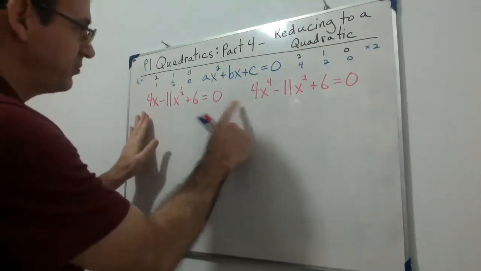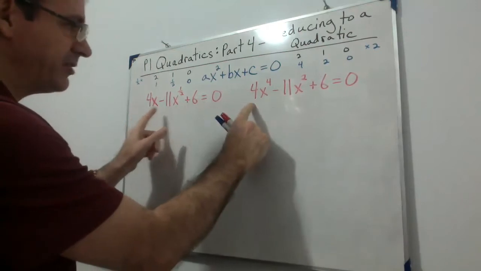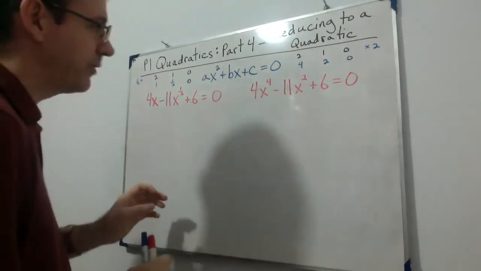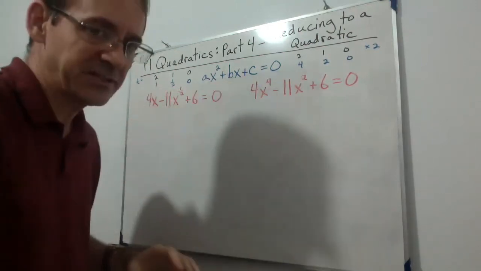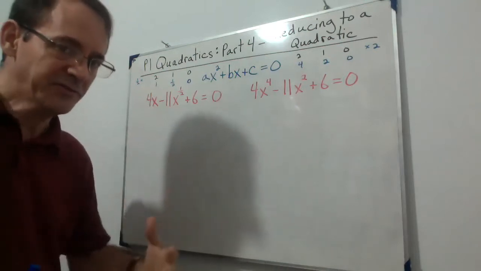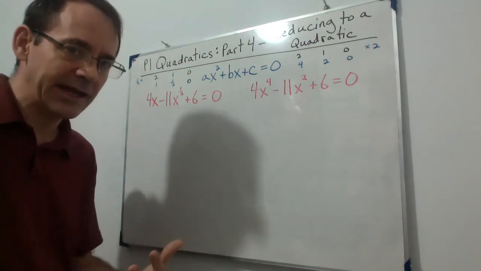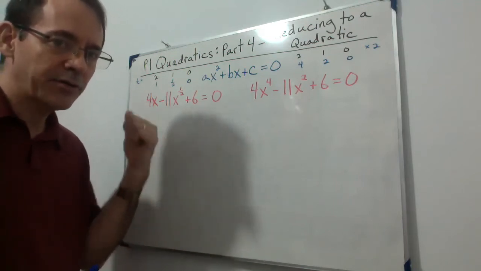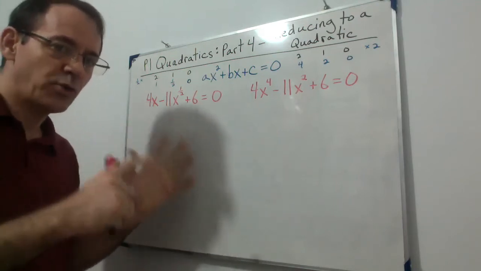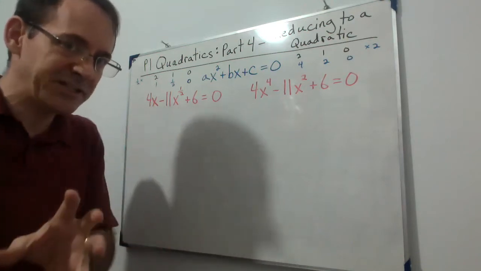So I actually took the same problem and used the same coefficients with just different exponents. What I want to do, I don't want to redo the factoring. What I want to look at is in part 3, we looked at the quadratic formula and the magic potion.